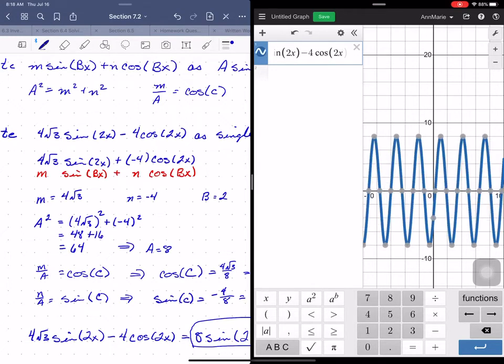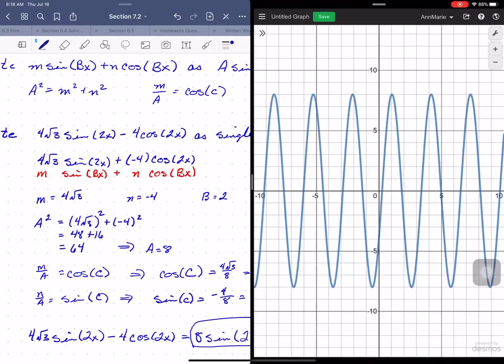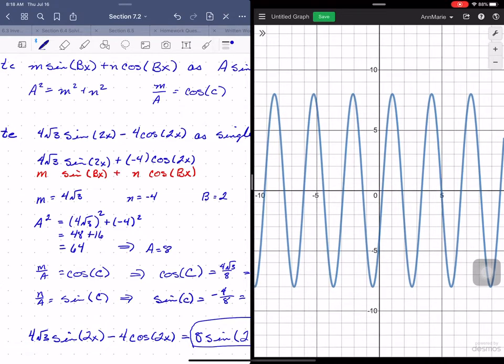And am I telling you right? Yeah. So let's look at this wave. What's the amplitude of this wave? Well, the amplitude of this wave is 8.